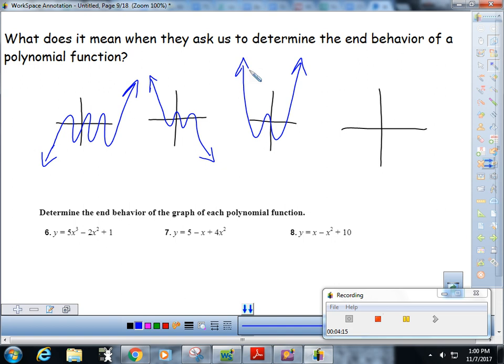And what's the other one? It could start low and end low. Okay? So when they ask us to determine the end behavior, that's what they're asking. Okay? And honestly, how should we determine the end behavior? We should just pop these things in our calculator.